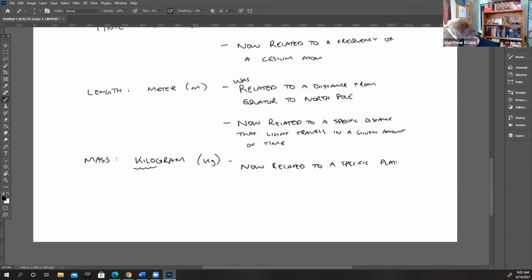Now, why is it this specific material, platinum? It's because it won't rust away. It won't fade. This specific alloy, platinum and iridium, is highly resistant to rust.